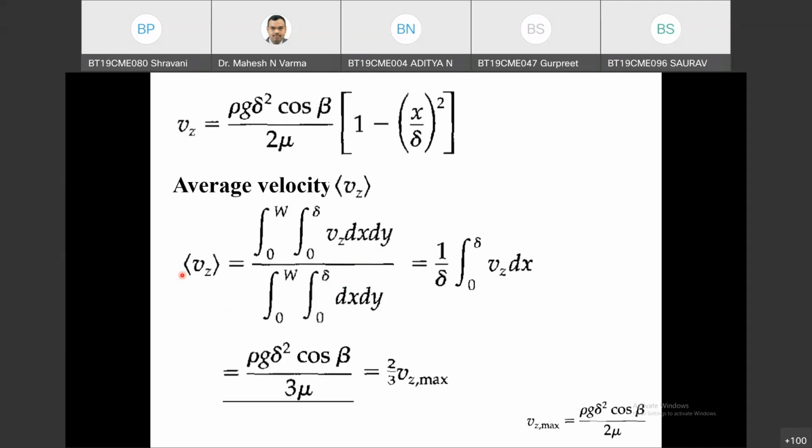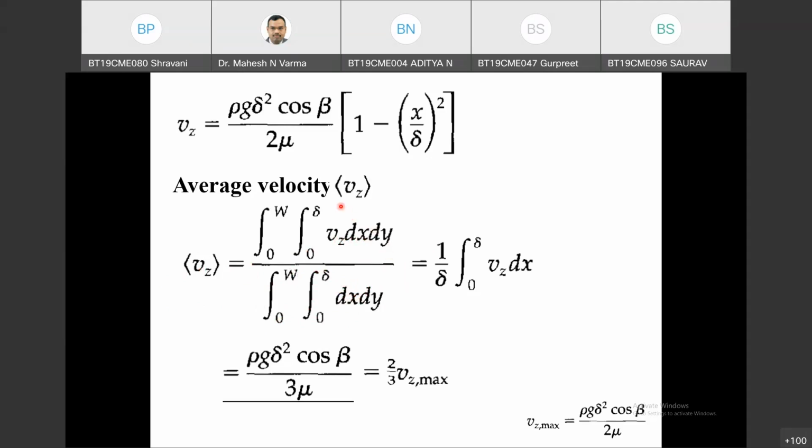You can go here. Here, if I multiply this area, this will get cancelled out. So what is average velocity? Average velocity is the summation of velocity over this differential divided by the integration of the differential. This integration of differential is area.